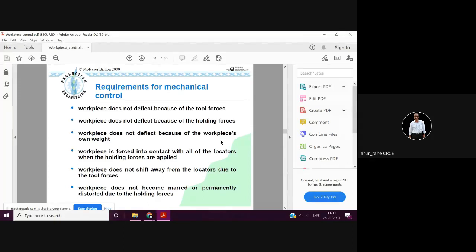If the workpiece is too fragile or too thin, then you have to place the support accordingly below it. If it is too thin and you are trying to clamp it, it will cause some marks. It will break and damage the component. So accordingly, you have to take care, like with thin-walled components, eggshell components. Their mechanical controls are very important.